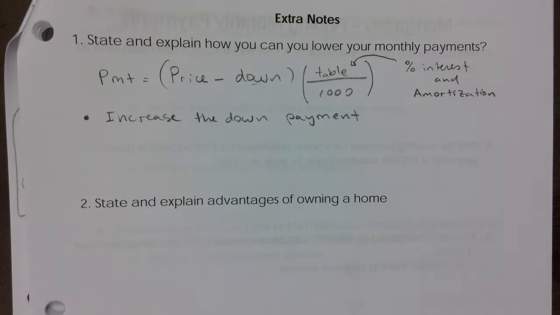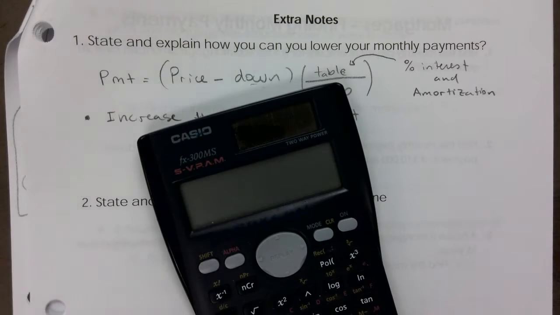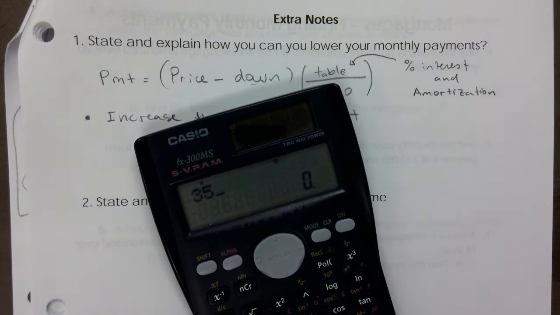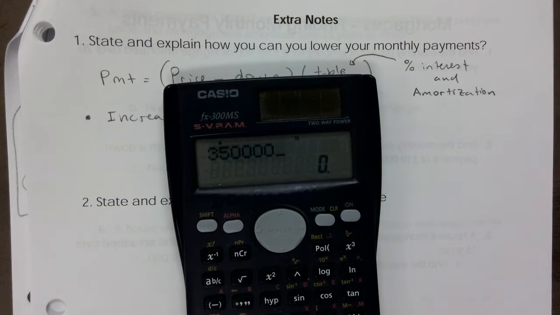I'll tell you this. If you have money saved up, so let's say here, I'll put my calculator on the screen. Let's say you're looking for a house that's $350,000, right? You technically need to put down 5%.